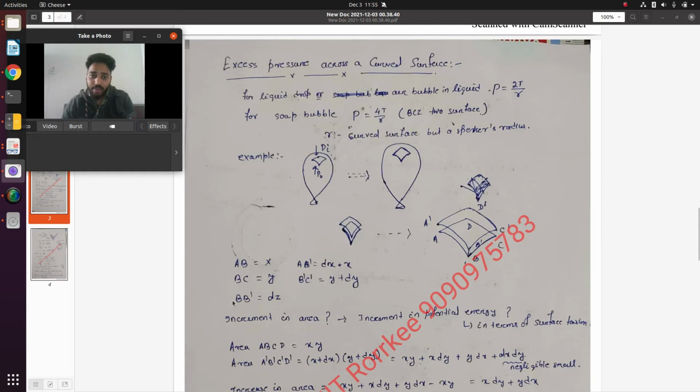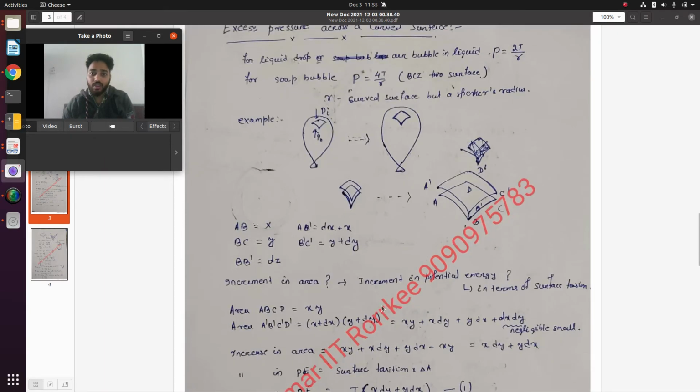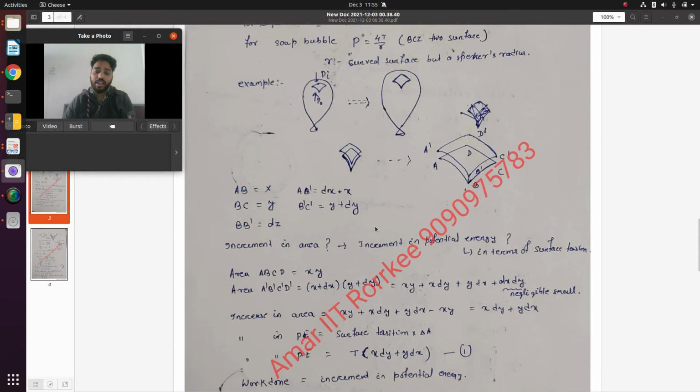The expansion in the AB direction, A prime B prime, is x plus dx, and B prime C prime is y plus dy.